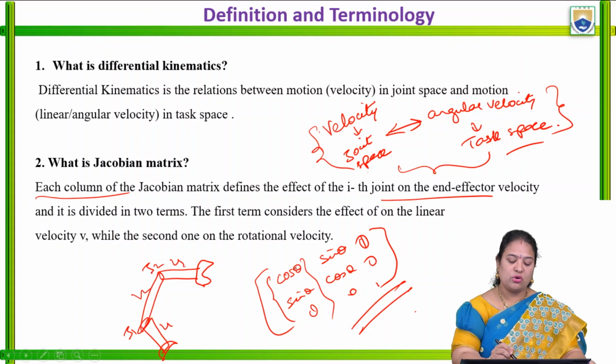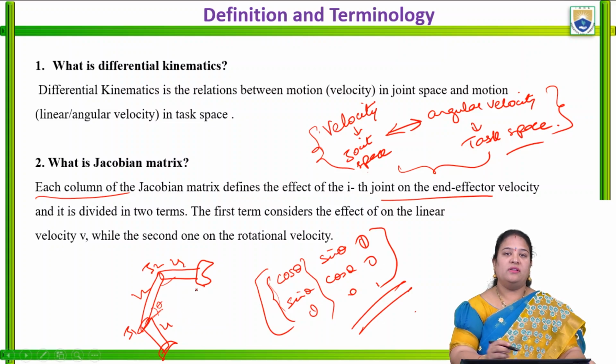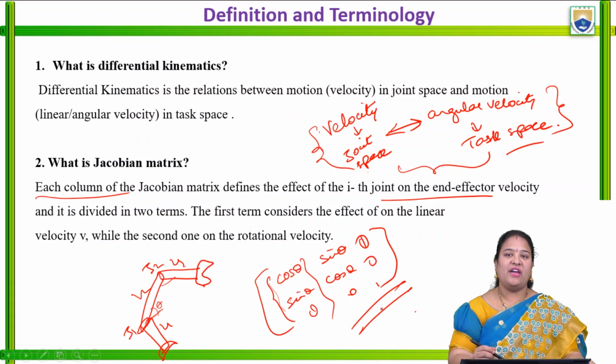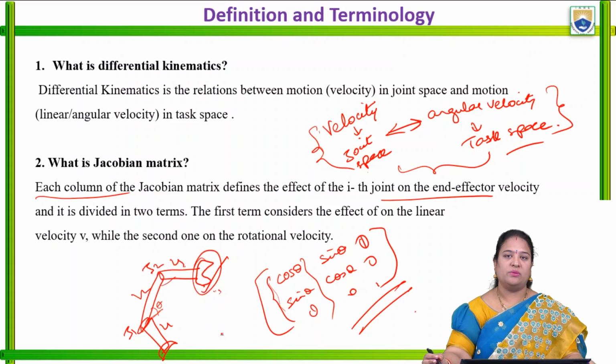So each column, that is this particular cos theta, reflects the angular difference of this particular joint. That is, each column of the Jacobian matrix defines the effect of the joint on the end effector velocity, and it is divided into two terms.